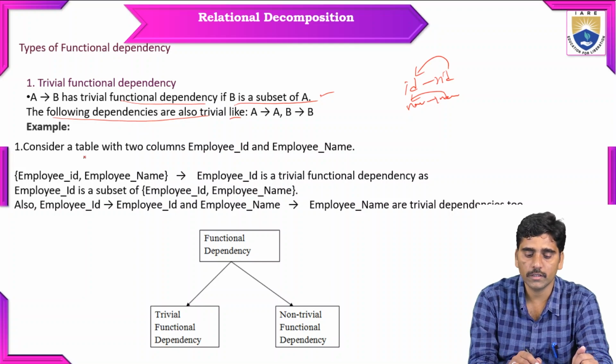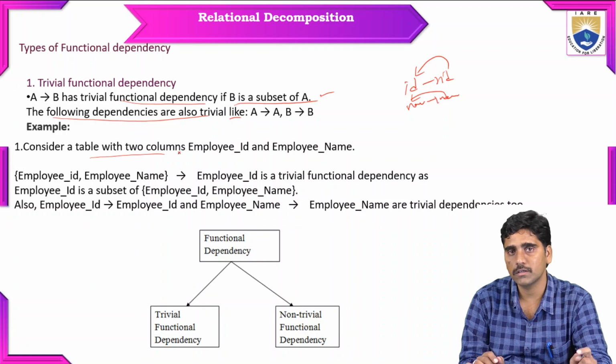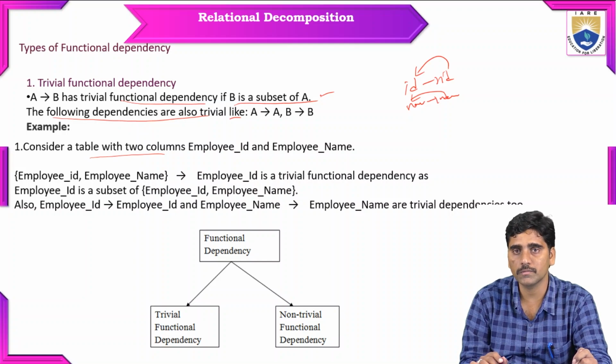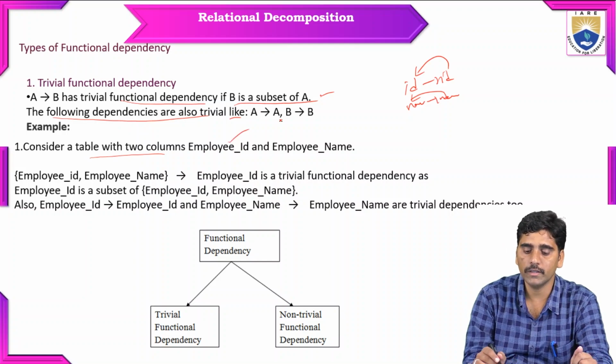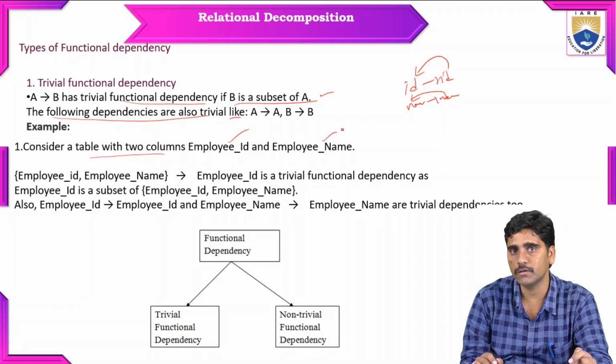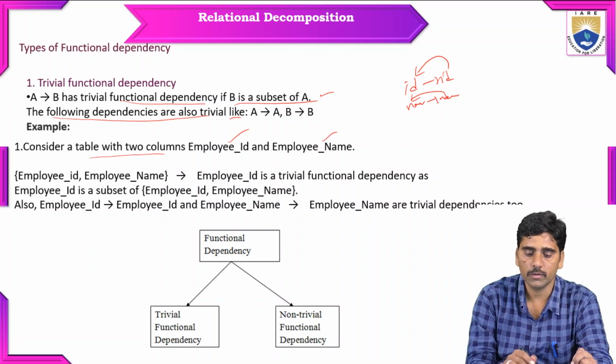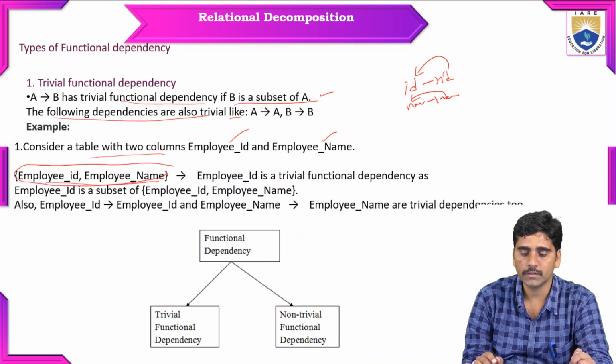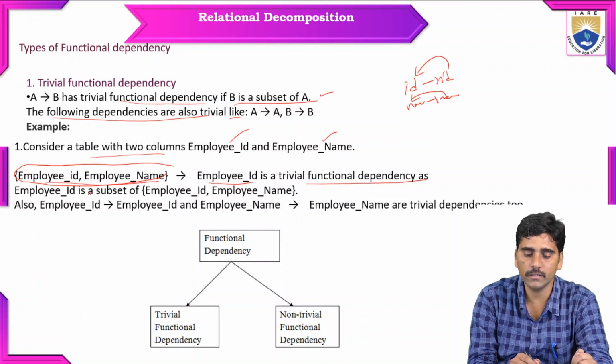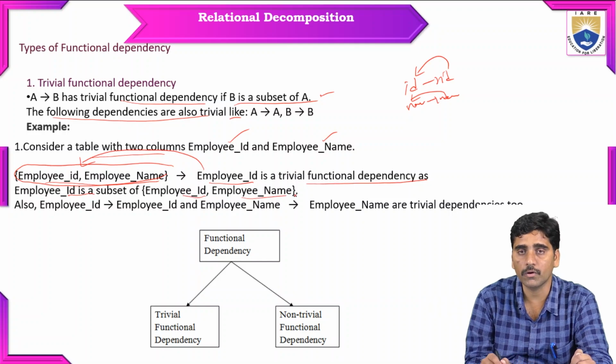So consider a table with two columns, employee ID and employee name. Employee ID and employee name, these two are the attributes. And here employee ID tends to employee ID is a trivial functional dependency, as employee ID is a subset of employee ID comma employee name.